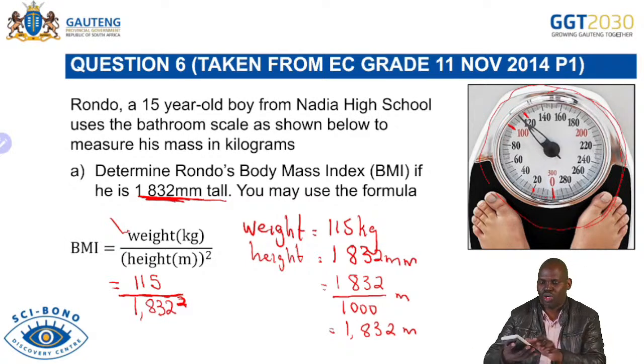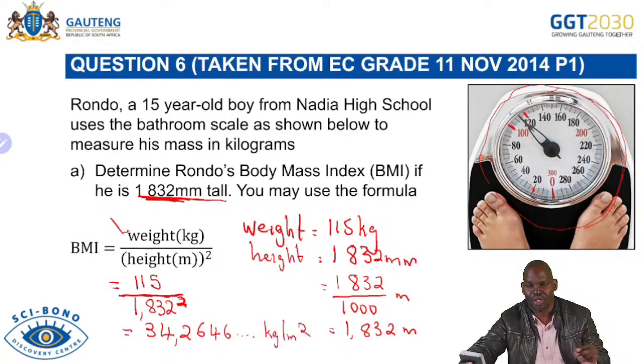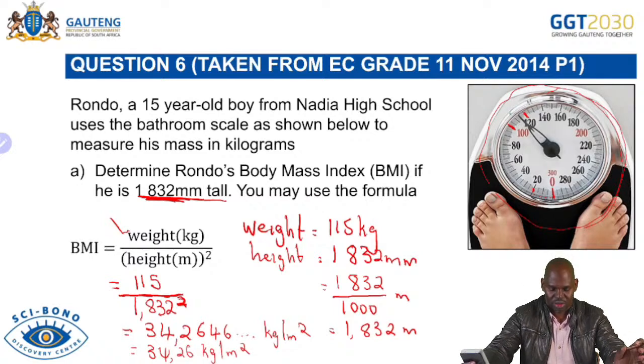And according to my calculator, I get 34.2646 and so on kilogram per square meter. Then you can round it off, let's say, to 2 decimal places, 34.26 kilogram per square meter. So that is the answer.